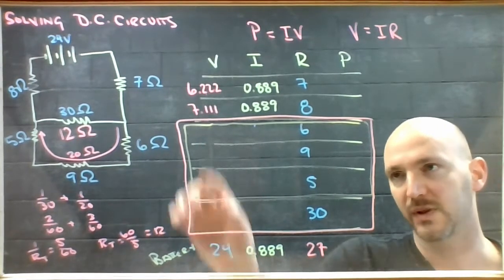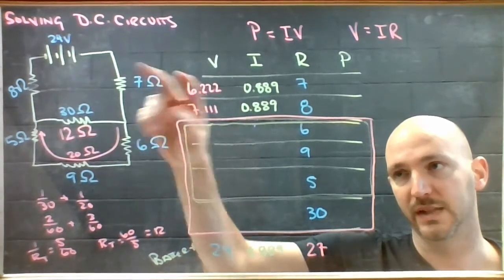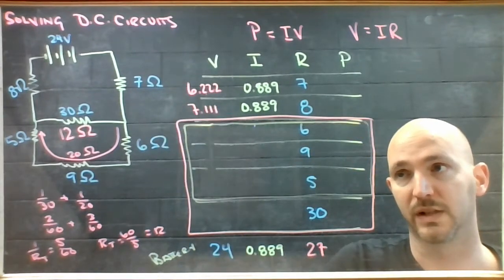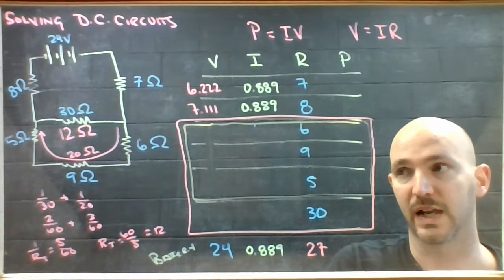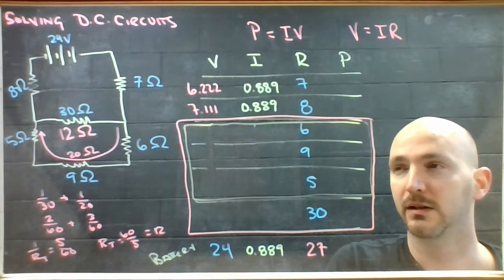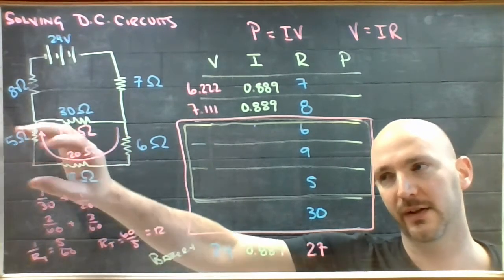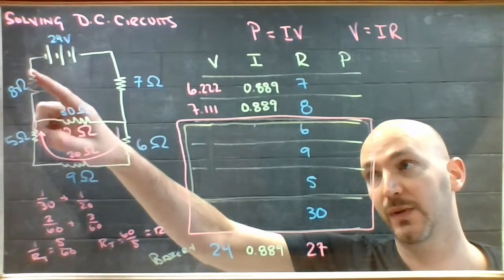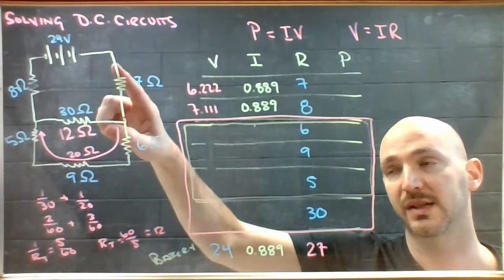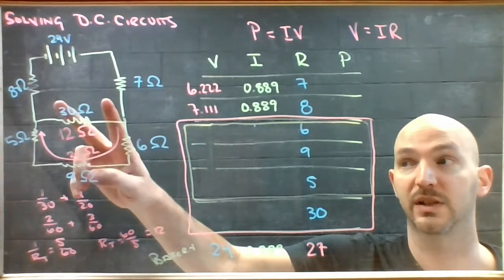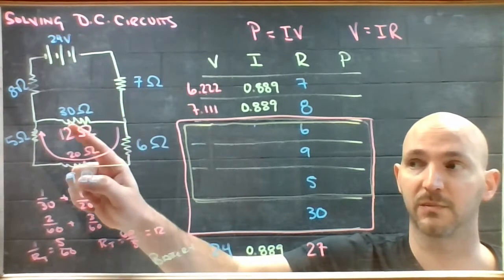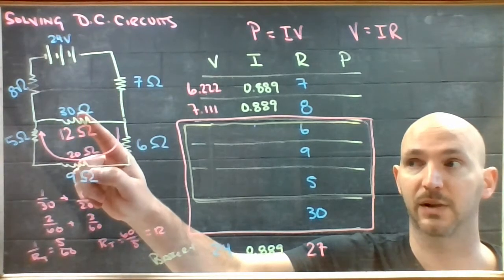So this is what's going through this component and this component. So I have 6.222 and 7.111 of my 24 volts accounted for. So if I ignore this bottom branch for a minute, I have a pathway that goes through that 8, through the 30, through the 7. So any voltage that is not accounted for in either this component or this component must be found in this one.